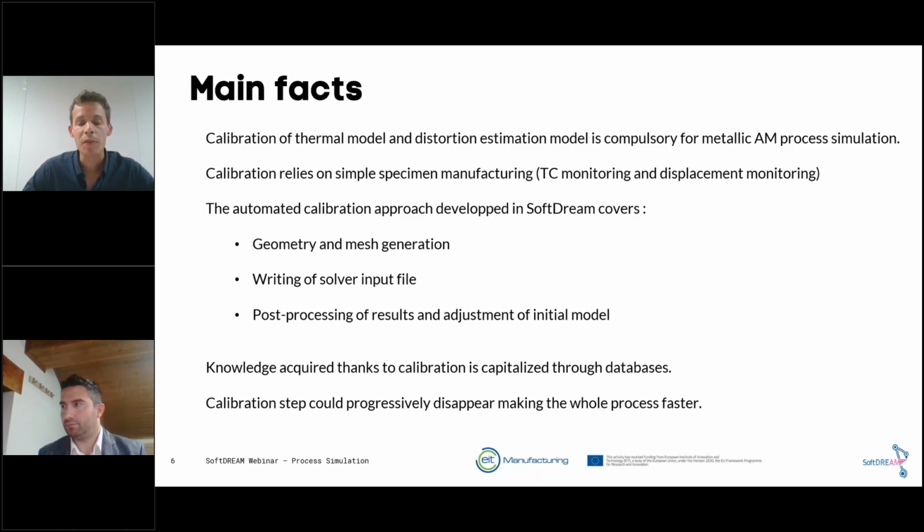Calibration relies on simple specimen manufacturing, and depending on the type of calibration that we want to make, monitoring should be done on displacement or on temperature. The calibration approach that is developed in the project covers geometry and mesh generation, writing of the solver input file, post-processing of the results, and adjustment of the initial model, so calibration of the model. All the knowledge that is acquired thanks to calibration is really capitalized through databases. And the idea is progressively to get rid of this calibration step, which would make the whole process much faster.